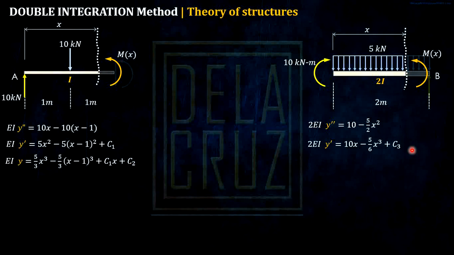So continuing, that will be C3. Then integrating again, that will be 5x squared minus 5 x to the fourth over 6 times 4, that will be 24, plus C3x plus C4. Okay, so what will we do next?